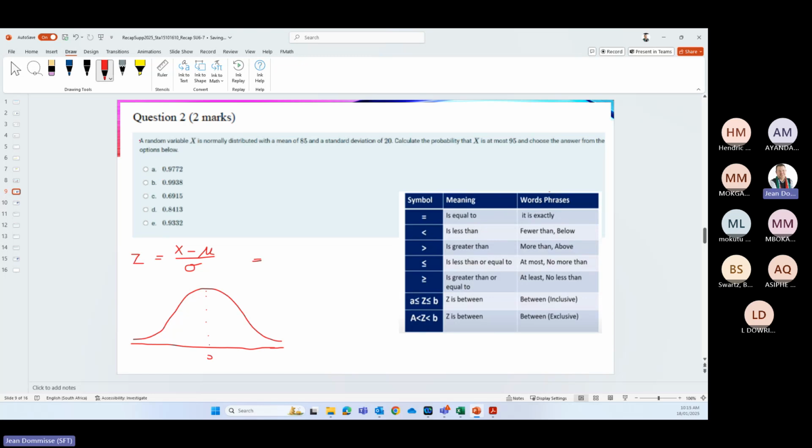So let's see what they tell us. A random variable X is normally distributed with a mean of 85, standard deviation of 20. Calculate the probability that X is at most.